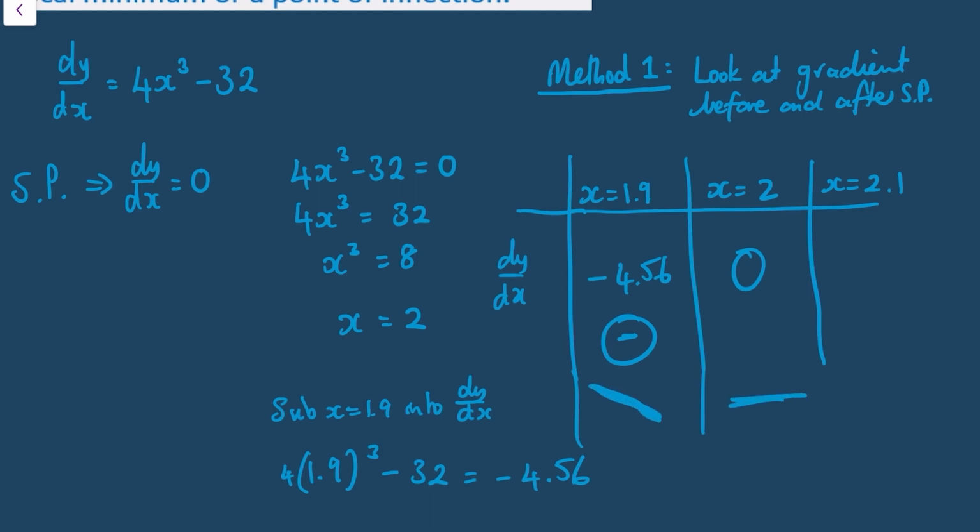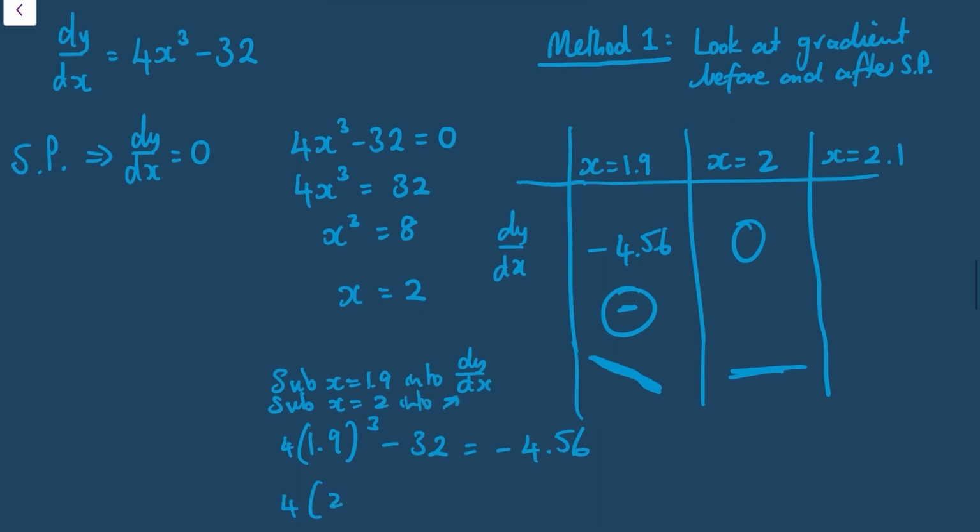The shape here is horizontal, and when I sub x equal 2.1 into dy by dx, it's 4 times 2.1 cubed minus 32. That will give me 5.04, which is positive, and the shape looks like this.